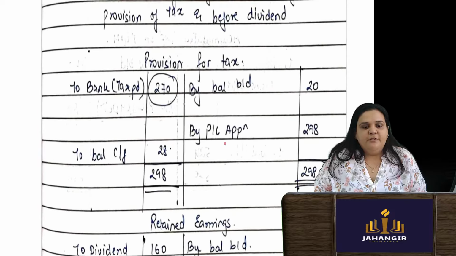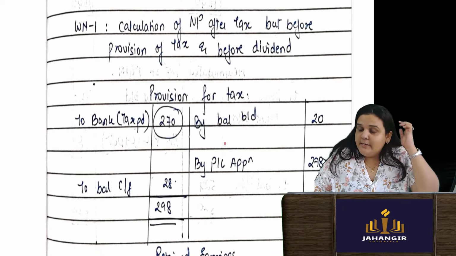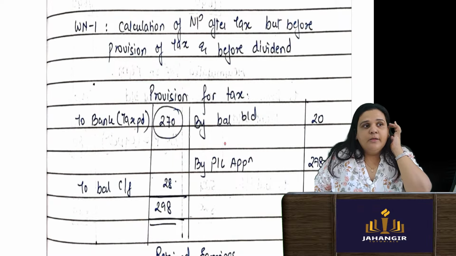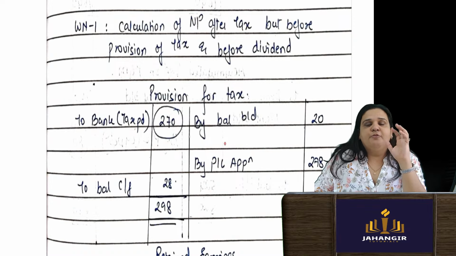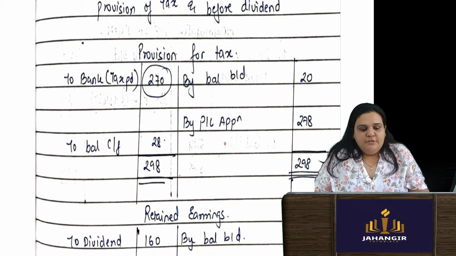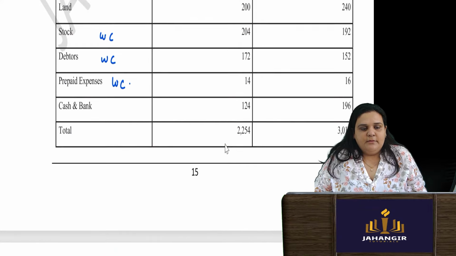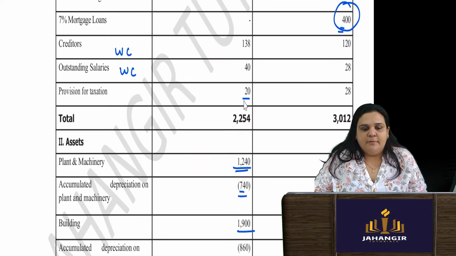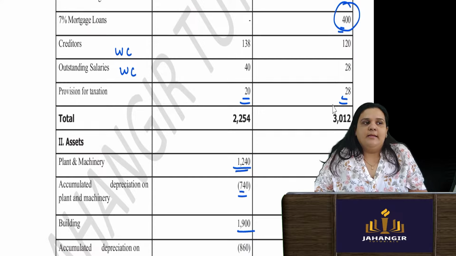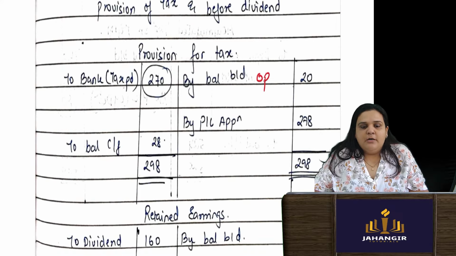Now profit for the year, how will I come to know? How will I calculate net profit for the year? Before provision for tax and before dividend. Provision for tax, they have already given me the entire details. Opening and closing they have given 20 and 20. So by balance brought down 20, opening, balance carried forward 20.